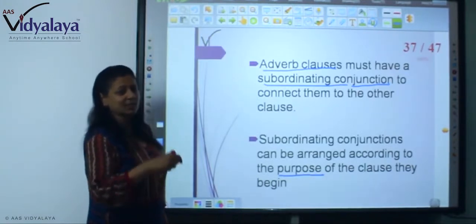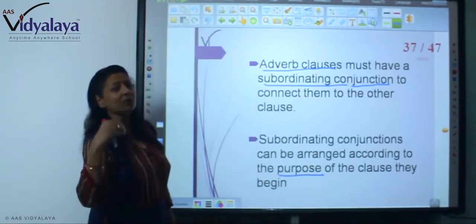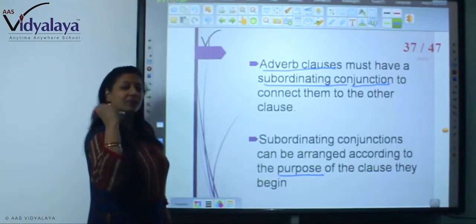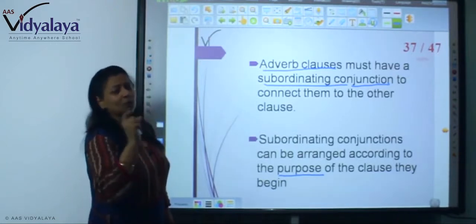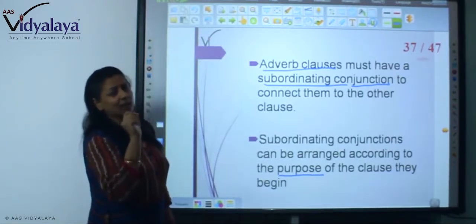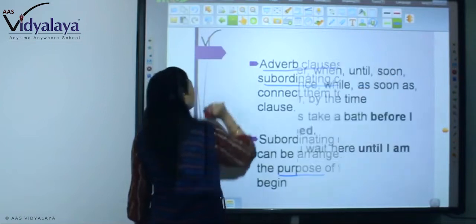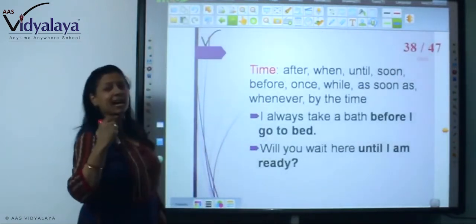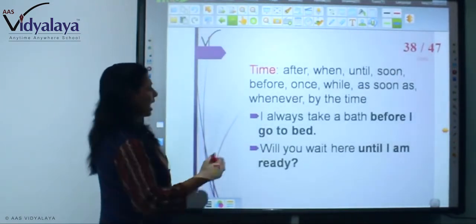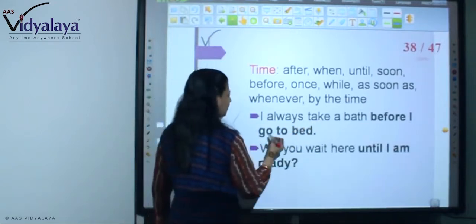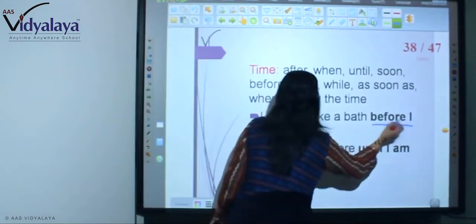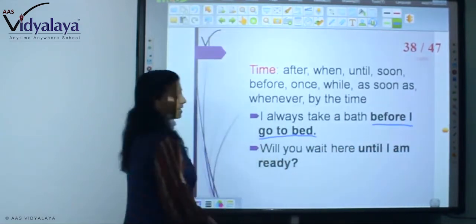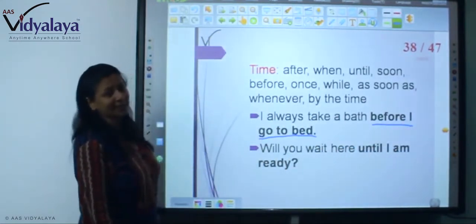Why am I saying this? Because there are different types of purposes and there are different subordinate conjunctions. If you don't know the purpose, you cannot connect it accordingly. For example, if time is the purpose: I always take a bath before I go to bed. So before I go to bed is an adverb clause and it's showing time.